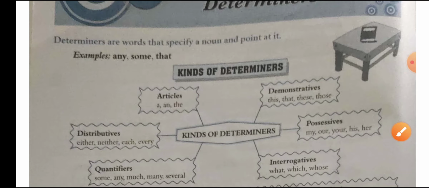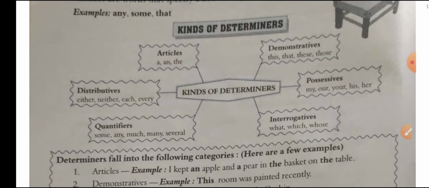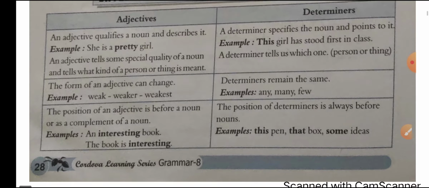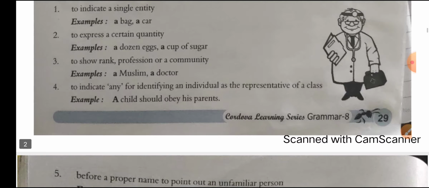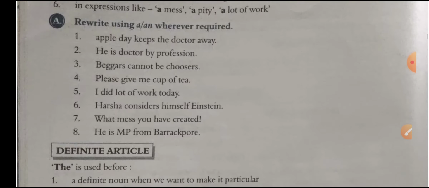So let's discuss exercise number A, which is given on page number 30, right? Please open page number 30 of your book. You can see the exercise here. What you have to do is rewrite using a or an wherever required.